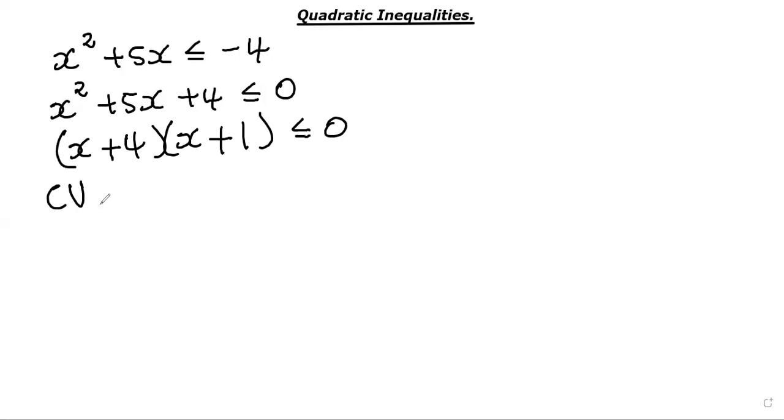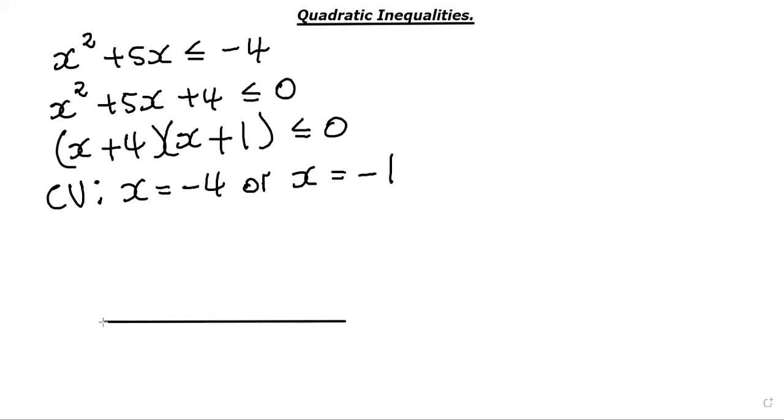Then what are your critical values? Well, x equals -4 or x equals -1. Then from this point, we represent our function graphically so that it's easier to read the solution.